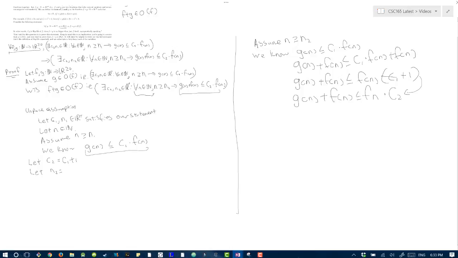We know what c1 is: it's the c value that satisfies this statement. And then we can pick any number for n2. I mean, 1 works out fine. So then we have our proof, and we can write, since c2 equals c1 plus 1, and finished. Isn't that just wonderful?